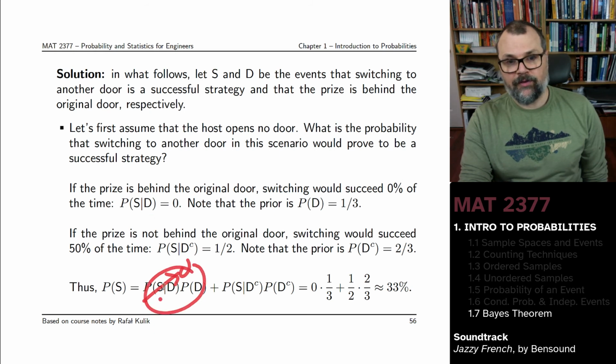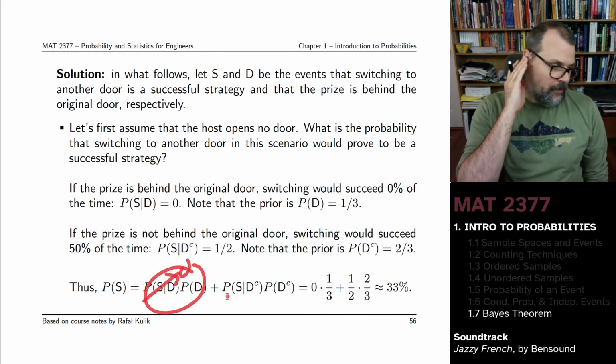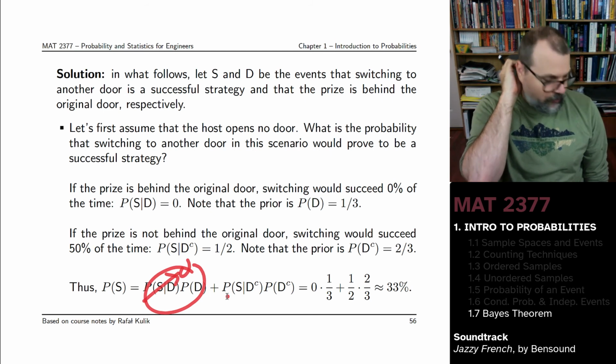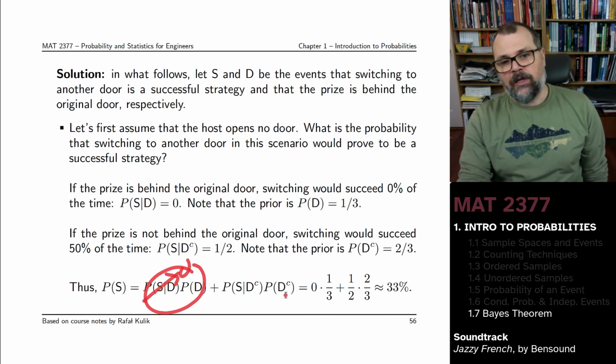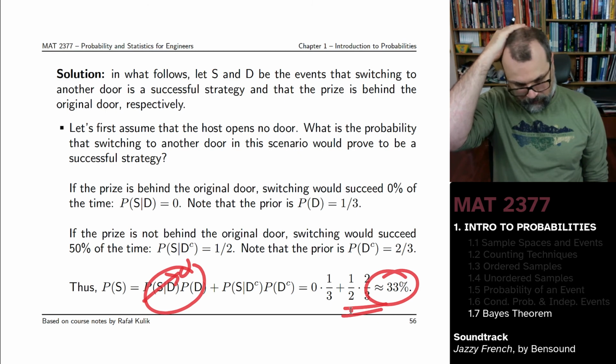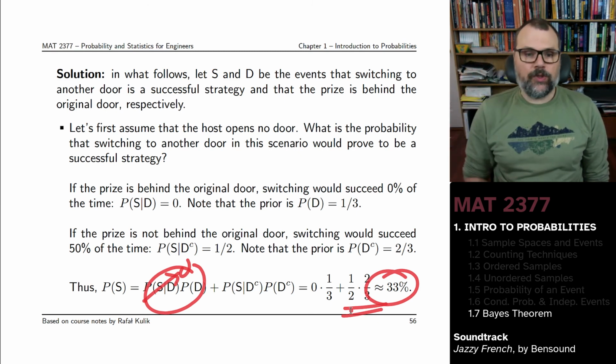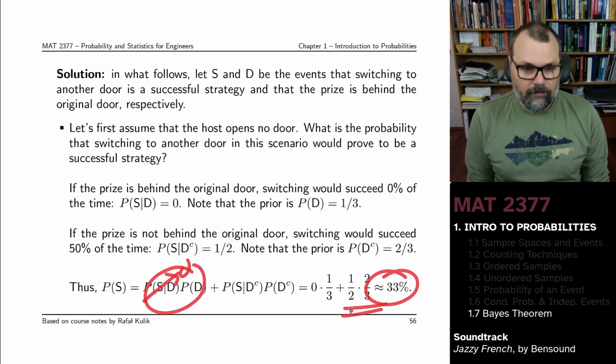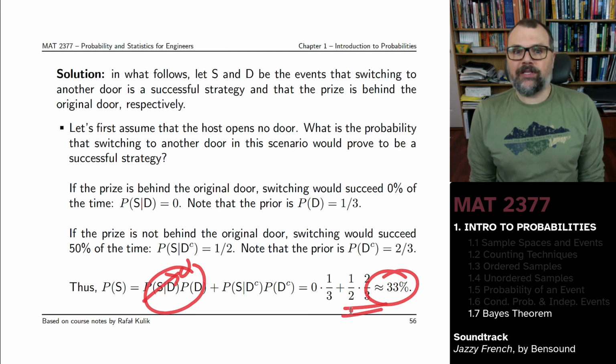This whole thing here is 0, and we're left with the probability that the strategy of switching was successful if the prize was not behind the original door, times the probability that the prize was not behind the original door, and that gives you a total of 33%. So in this case, the probability that switching would be successful would be 33%. In which case, you might as well stay where you are.